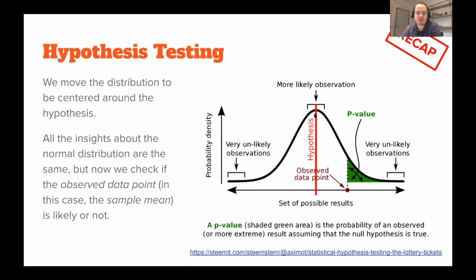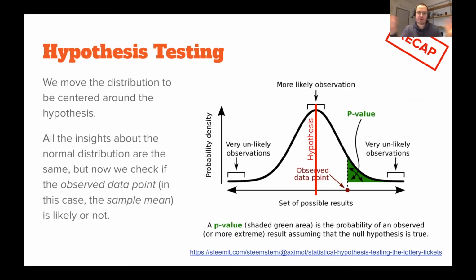And then given that I have centered this distribution around my hypothesis, it's possible for me to ask questions, for example, to say that the things that are closer to the middle are very likely observations. So they're likely to have happened, right? If some value is close to the middle, for a definition of close that we have seen in terms of standard errors, then we say, okay, these things are likely to happen.